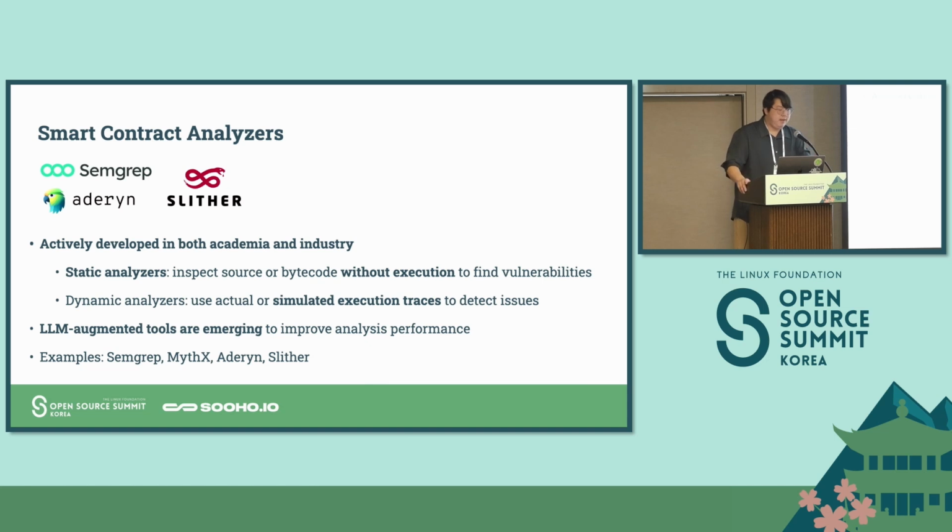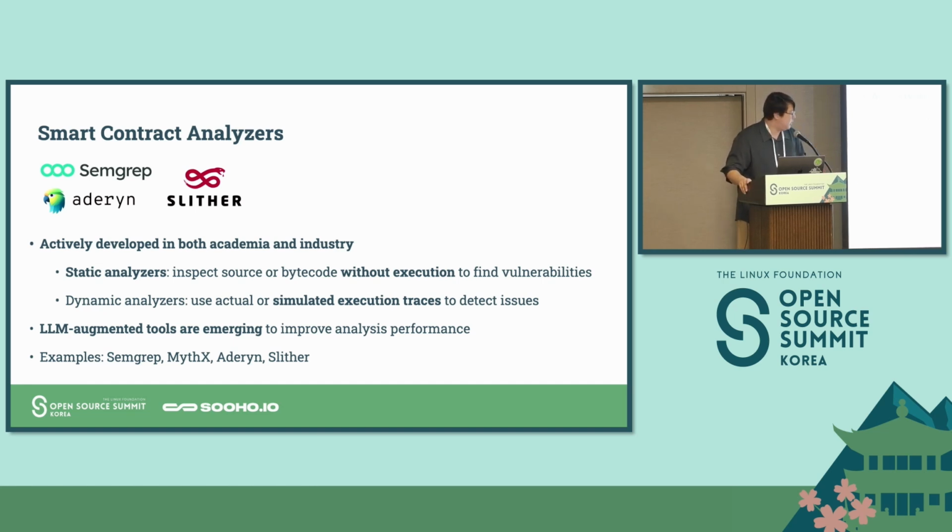Broadly speaking, there are two main approaches in automated program analysis: static analyzers, which examine the source code or bytecode without executing it, and dynamic analyzers, which inspect runtime behavior or simulations. More recently, researchers have been exploring the use of large language models to analyze performance and reasoning capabilities.